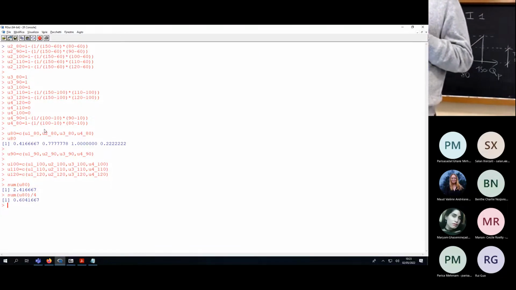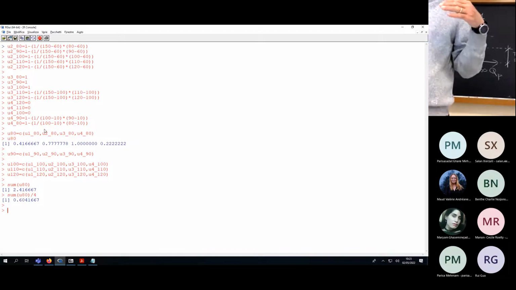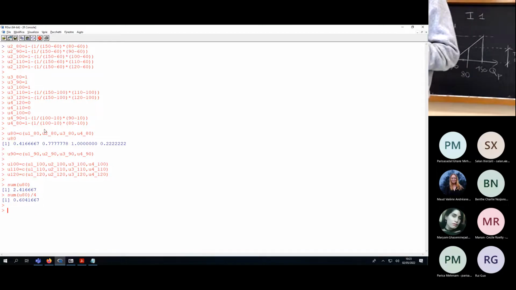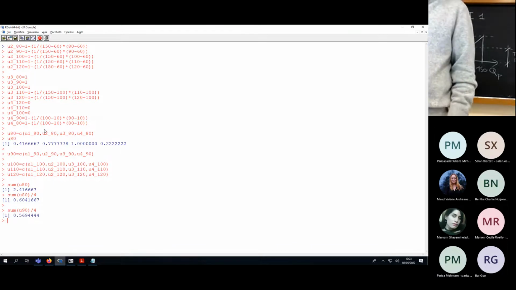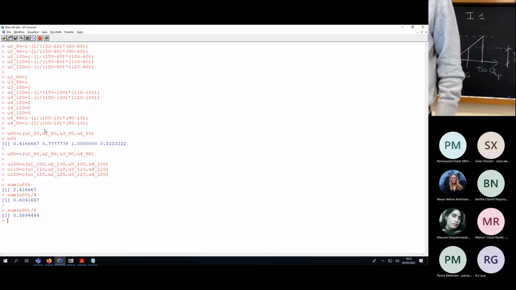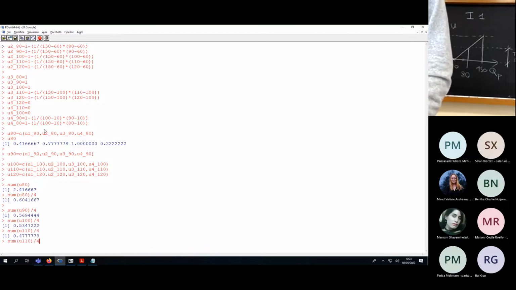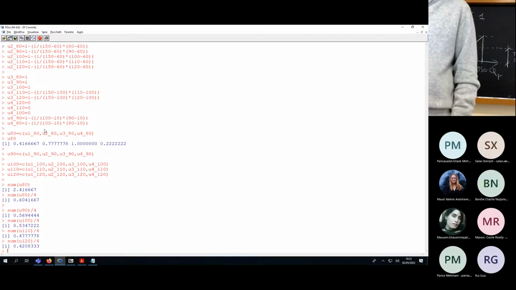So the design flow of 80 has an overall utility with equal weights of 0.6. 90, 0.56 is lower, 100, and lower, 110, lower, 120, lower.